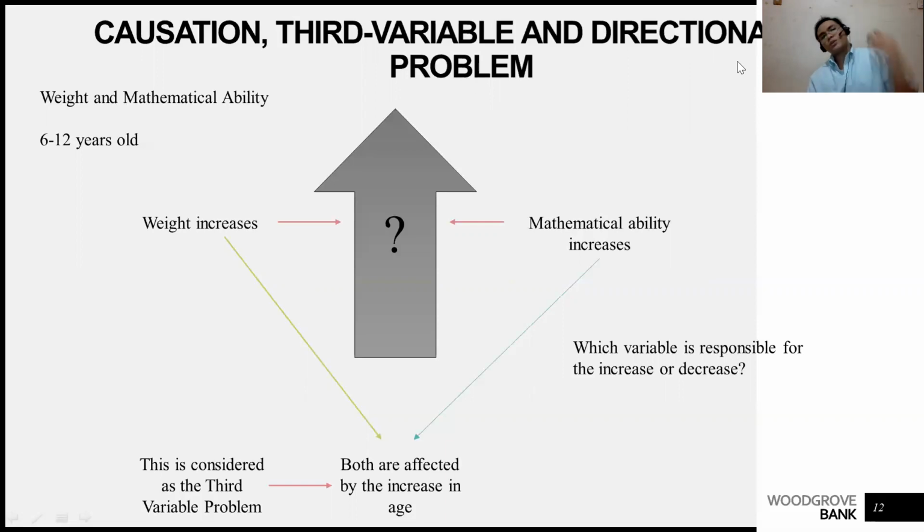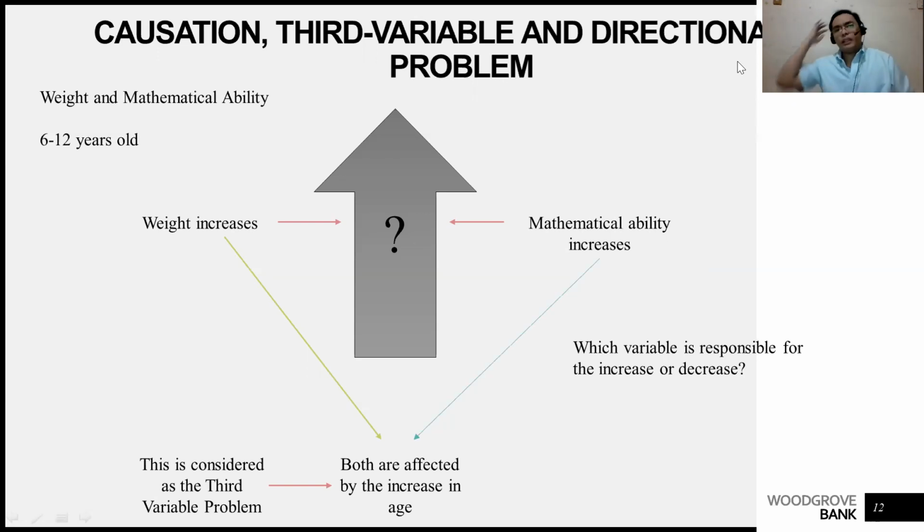Because if we fail to discover that there is another variable capable of changing the dependent variable, the results would not matter. Why? Because it would be inconclusive to the idea that there is a direct relationship between weight and mathematical ability. Why? Because weight increases as the age of the participant increases, and their mathematical ability increases because the level of their education also increases with age. So that's a third variable problem.